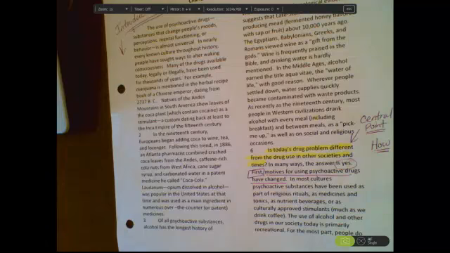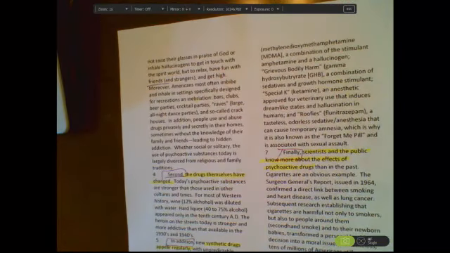Okay, our comparison then, that's the past. In contrast then, we're looking at the use of alcohol and other drugs today. Primarily drugs today are recreational. Generally, people don't use them for religious purposes, but rather to relax.